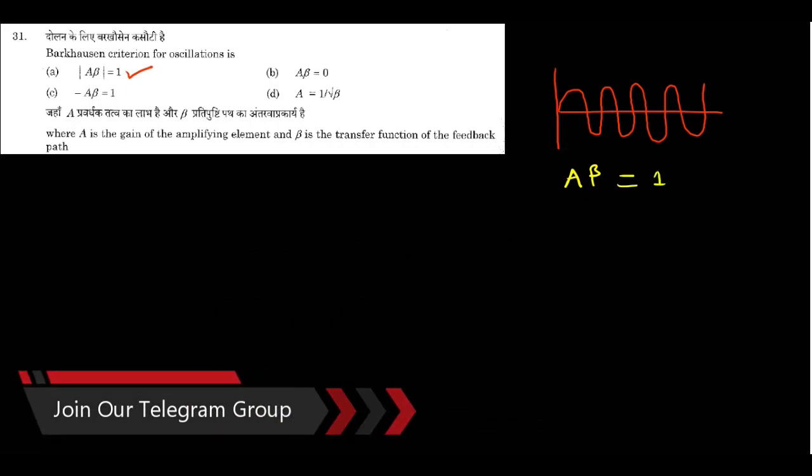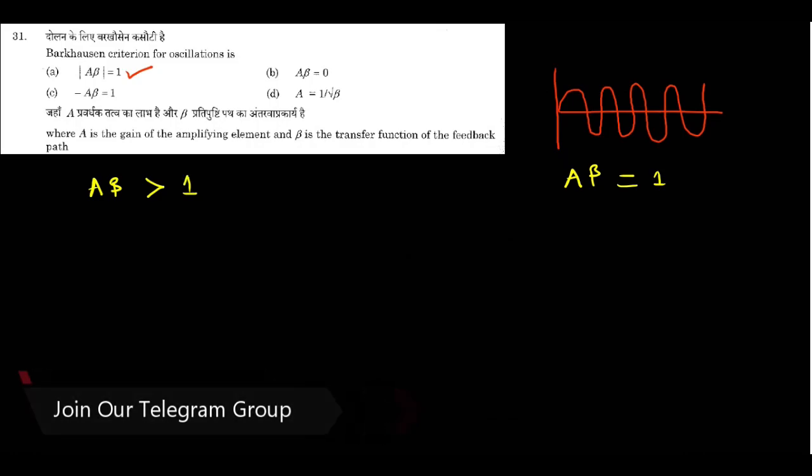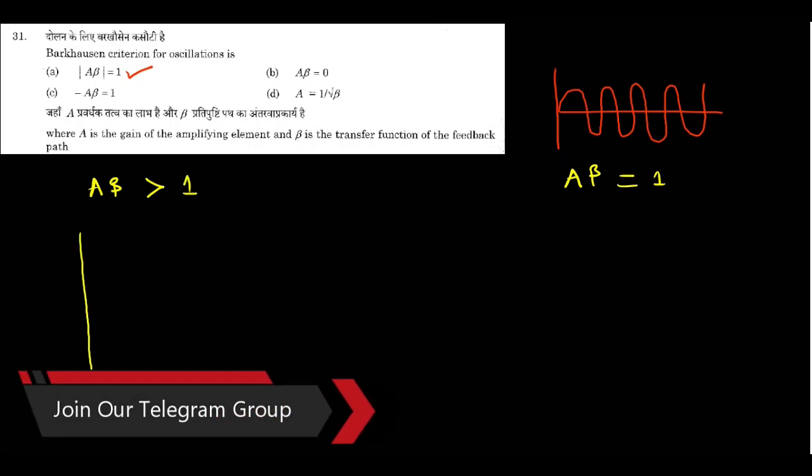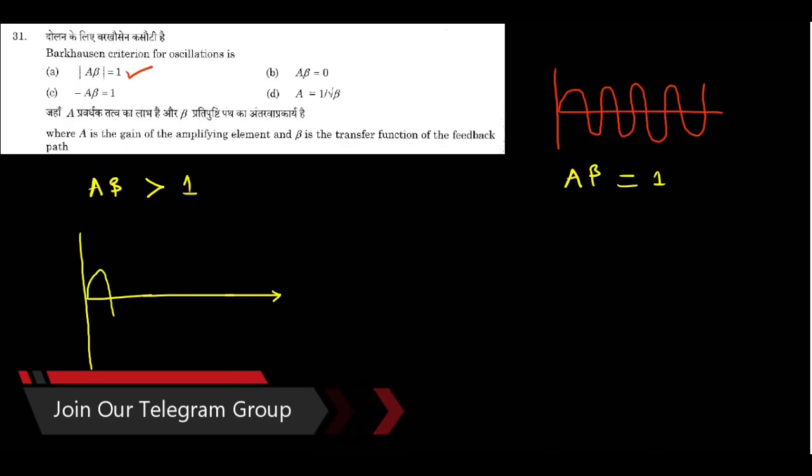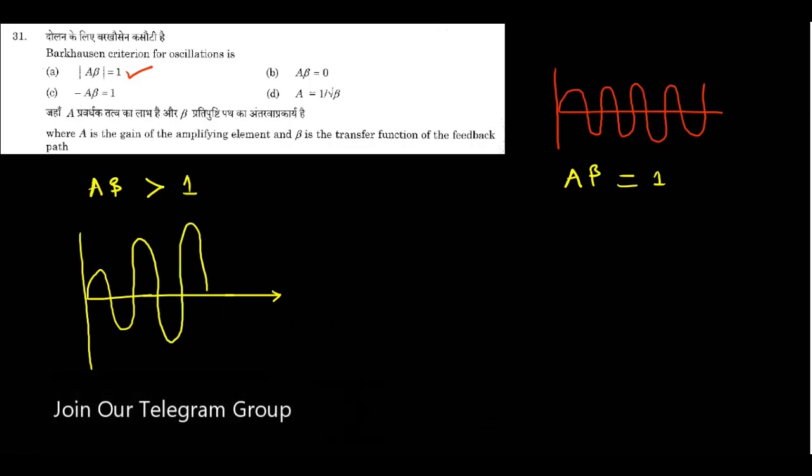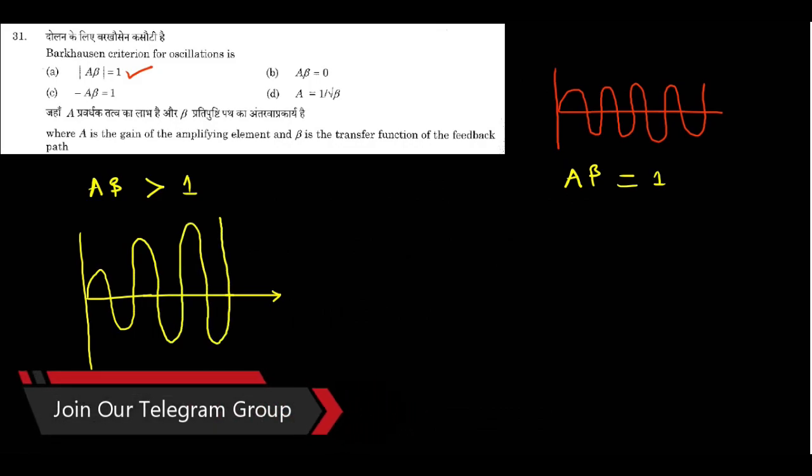Now let's see what happens if A beta is greater than 1. Then the oscillation starts, and the clipping occurs.